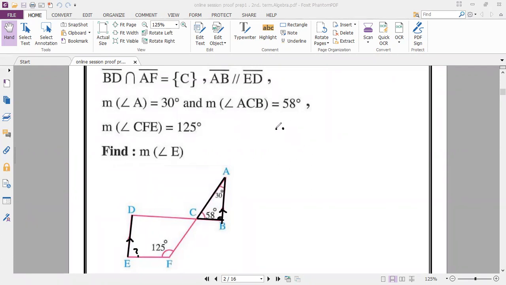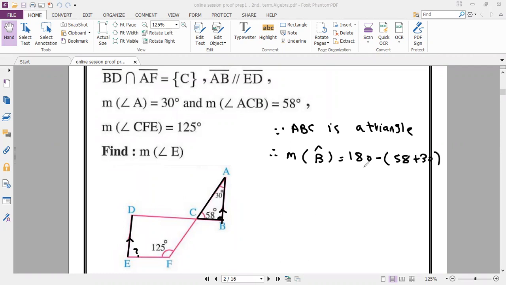So since ABC is a triangle, we can find the measure of angle B. It's 180 minus (58 plus 30).